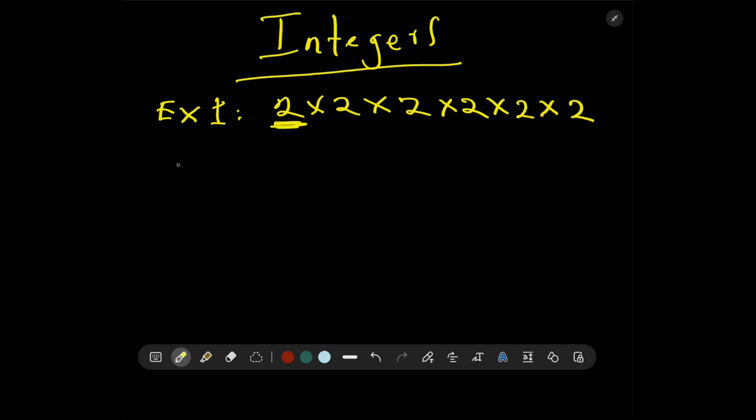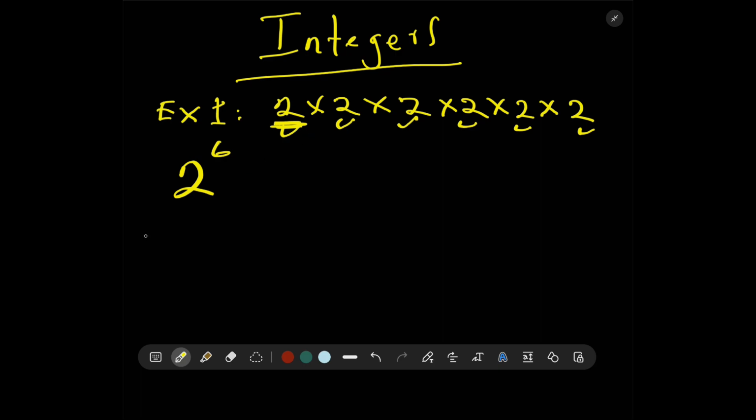So we're going to write 2 right here. And then how many times is 2 repeating itself? Let's count: 1, 2, 3, 4, 5, 6. So the 2 repeated itself 6 times, so we put 6 right here. That's how we're going to write this.